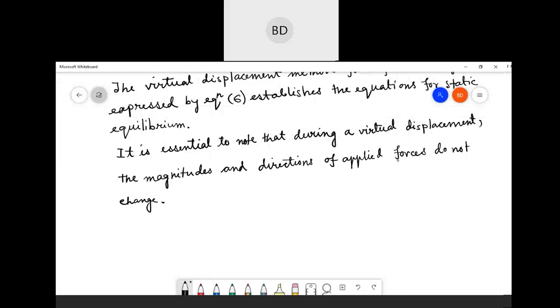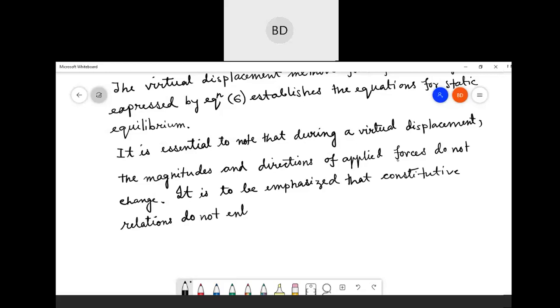It is to be emphasized that the constitutive relations do not enter into the derivation of the virtual work equations.